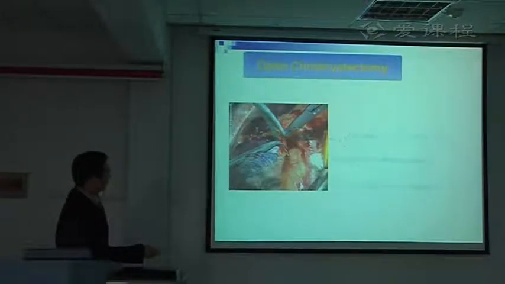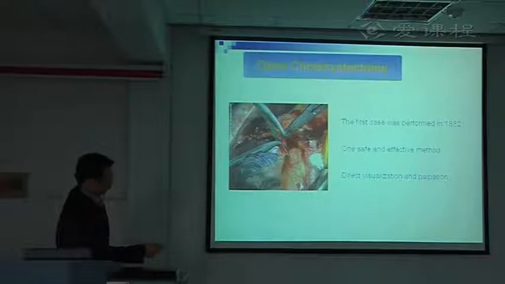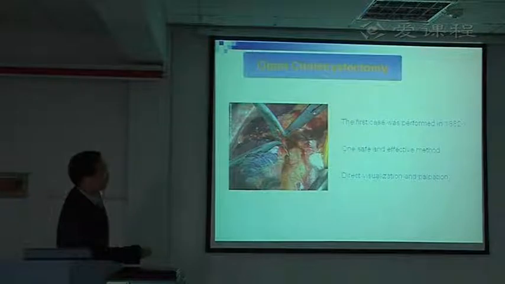The first case of this operation was performed in 1882. It is a safe and effective method with direct visualization and palpation. This is very easy for the doctor to do.